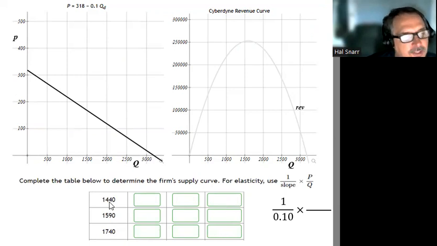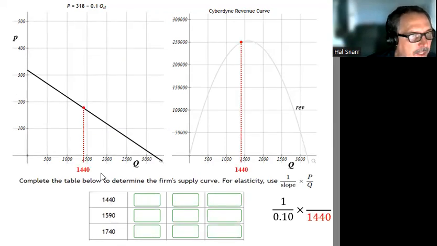So if the company wants to sell 1,440 downloads, we plug that in the demand curve up here, and we get a price of 174. We're using this elasticity equation over here. We're substituting the values into it, 1 over the demand curve's slope, and we have a price quantity ratio here. The elasticity at this point would then be 1.21.